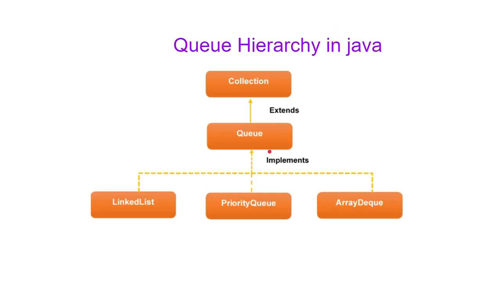And this is the queue hierarchy in Java. Queue is also one of the collections, and I think you know about the stack. In the previous section, list implemented classes, we have seen the stack. In the opposite of a stack, we can see the queue hierarchy in Java.